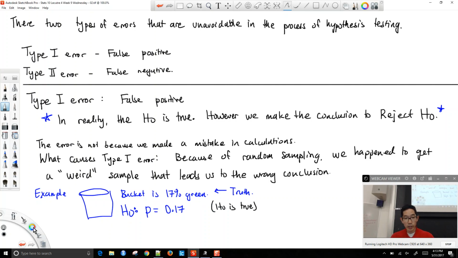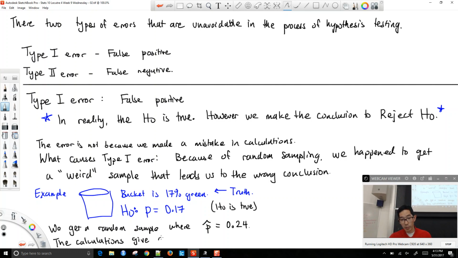However, we get a random sample. Maybe we get a random sample where P hat is 0.24, just because of random chance. The calculations give a p-value of 0.03.